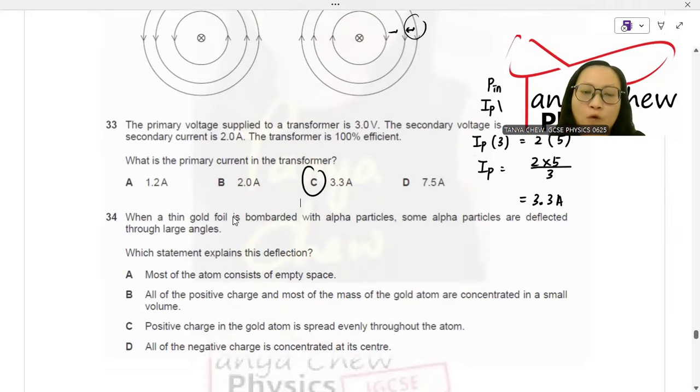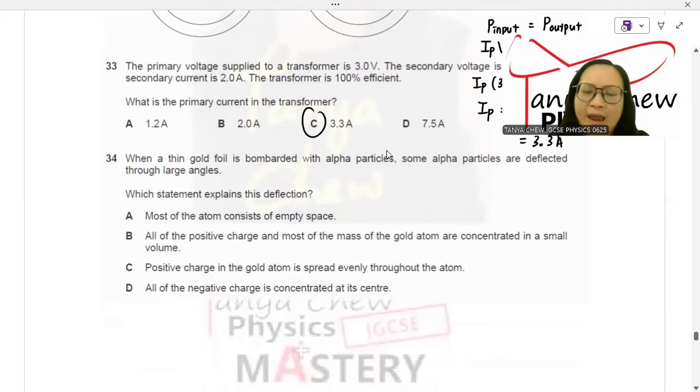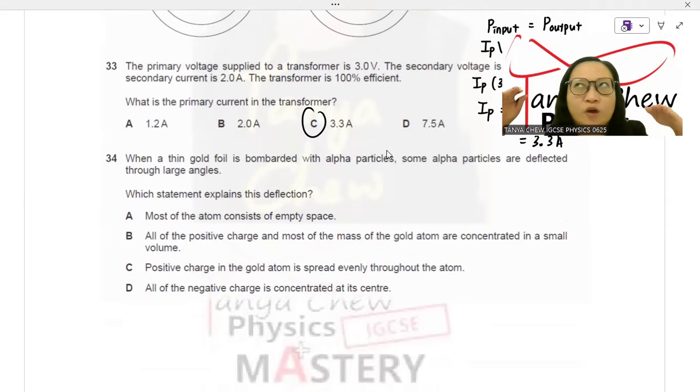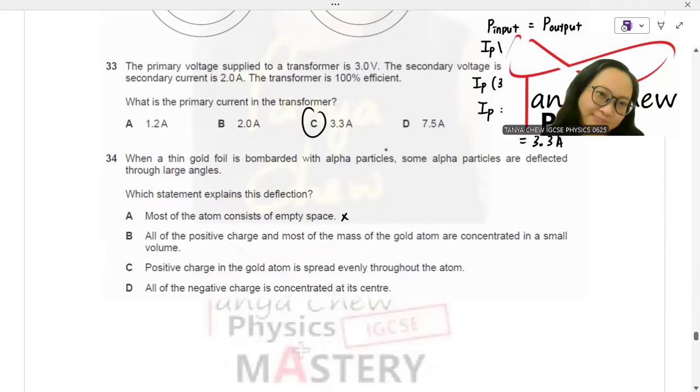Number 34. When a thin gold foil is bombarded with alpha particles, some of the alpha particles are deflected through large angles. Which statement explains this deflection? Okay, most of the atoms consist of empty space. When most of the atoms consist of empty space, most of the alpha particles will just go straight through without deflection. So this is wrong.